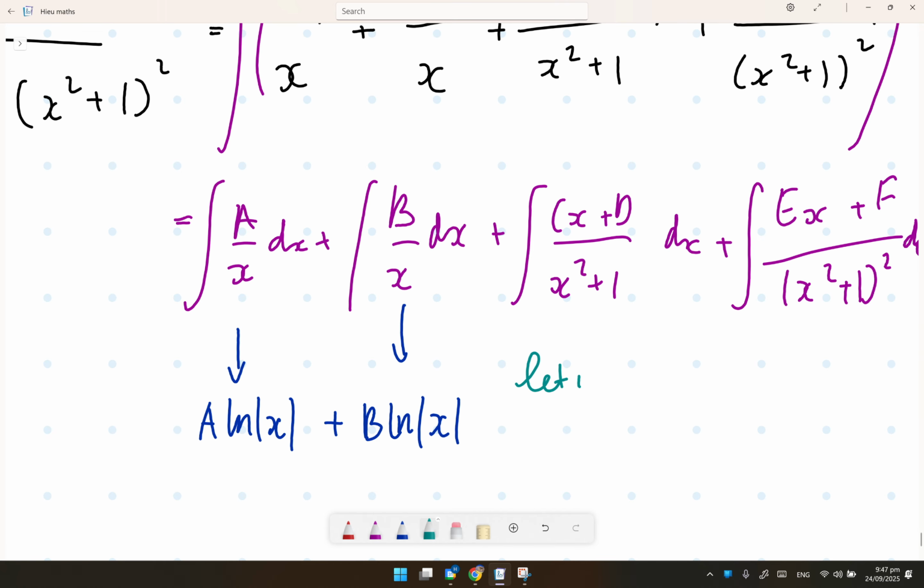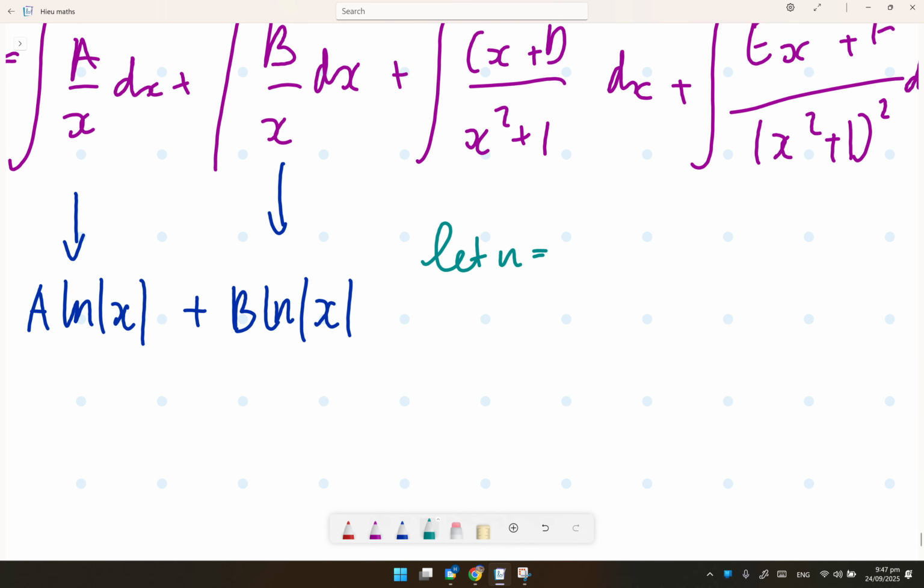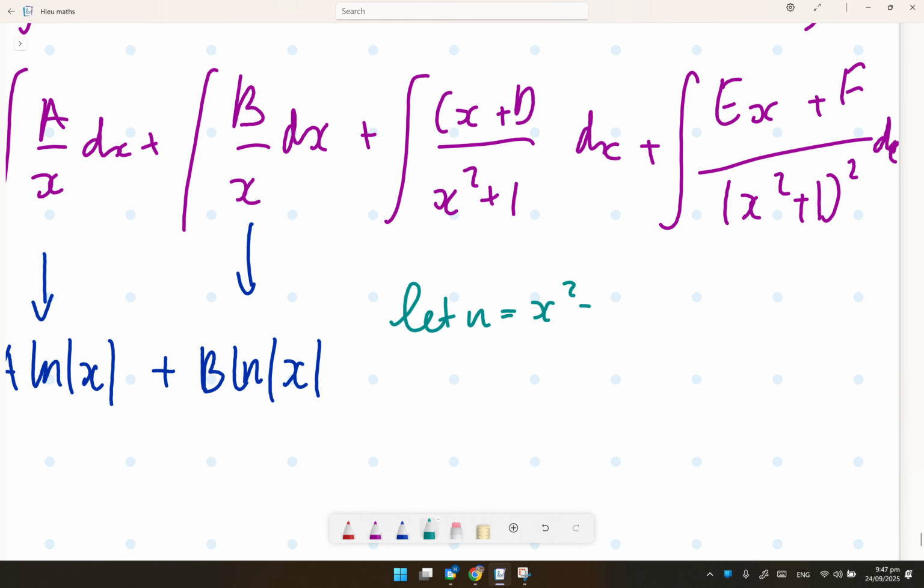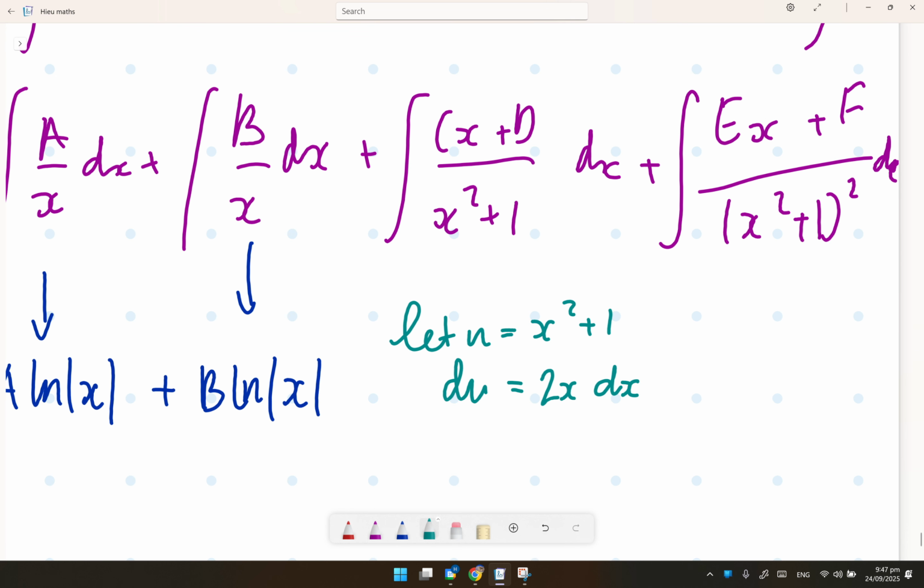Let's say that we let u, and if we had to do this in an exam, this is what we do. We say we let u equal to x squared plus 1. Therefore, du would be equal to 2x dx, right?